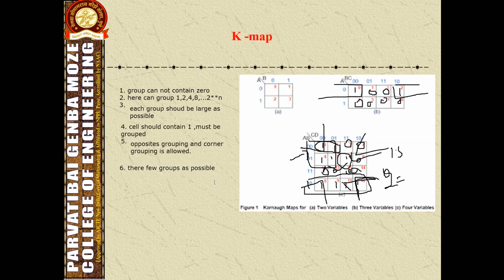The K-map is used for simplifying the Boolean expression without any loss, and afterwards we can construct the combinational logic circuit using that expression. This is the main use of the K-map. So we have to keep these rules in mind while simplifying the Boolean expression.